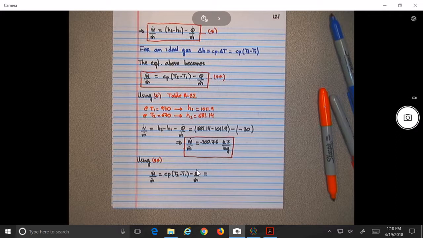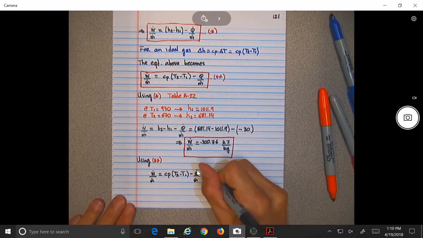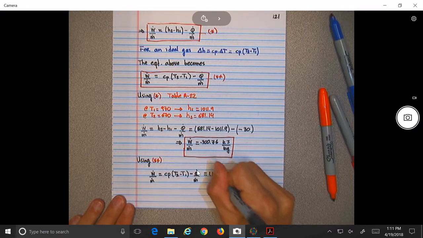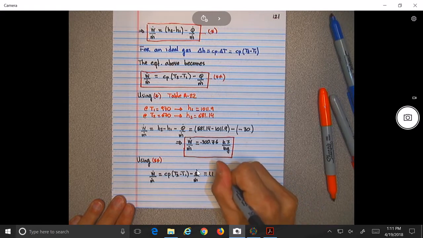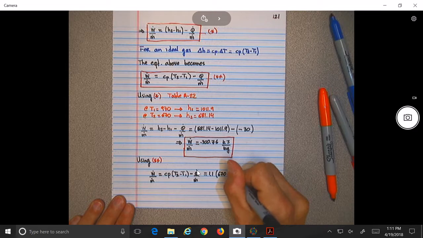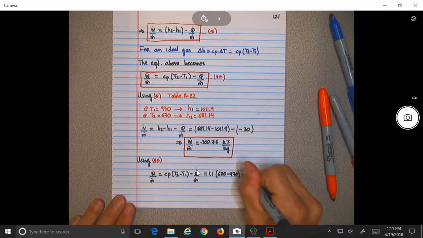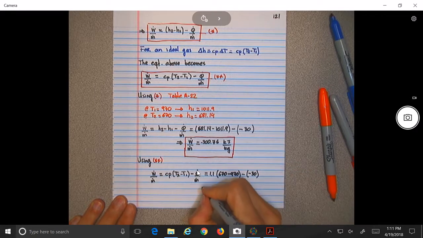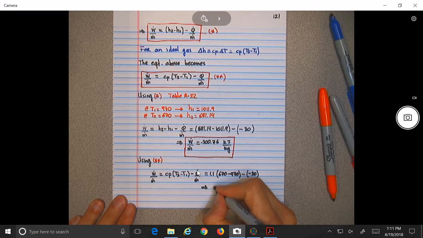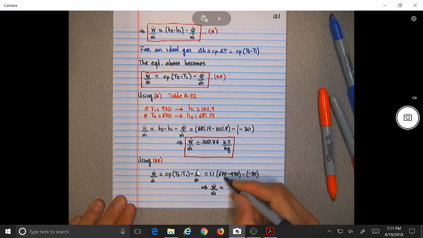So what is the value of Cp that they give you? 1.1, and then the temperatures were 670 minus 970 minus 30. So this gives you work over m. So this is 300 times 1.1 will be 330.